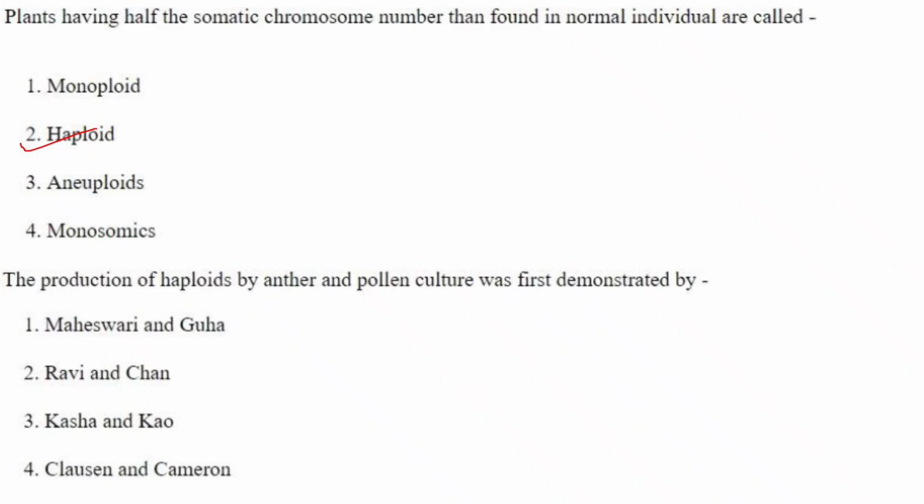It can be 2n plus 1 or 2n minus 1. Then monosomic is also a type of aneuploidy where one chromosome is missing from the normal diploid pair, so 2n minus 1. The production of haploids by anther and pollen culture was demonstrated by Maheshwari and Guha.